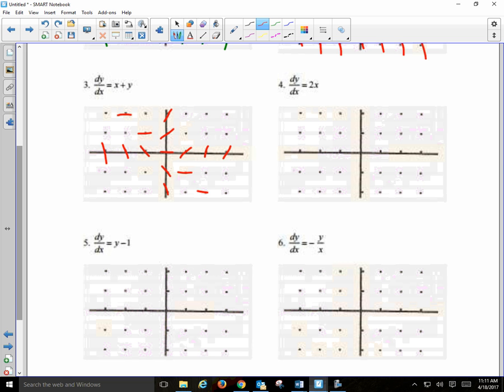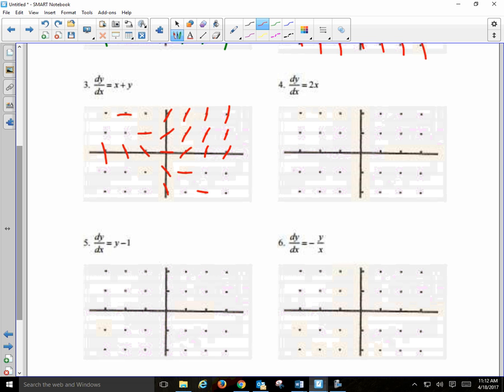Tell me, what should the slope fields look like in the first quadrant? They should all be positive, and in the third quadrant, they should all be negative. So you can kind of see what's happening here, with your picture. 1, 1 would be 2, 3, 3, 4, 4, 5, so on and so forth. So, get the idea?